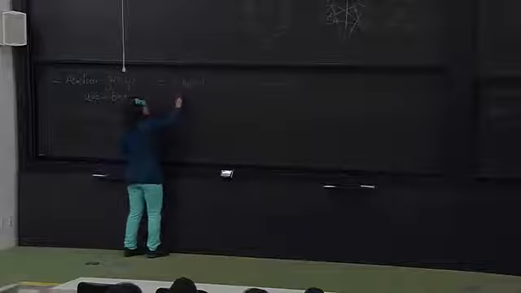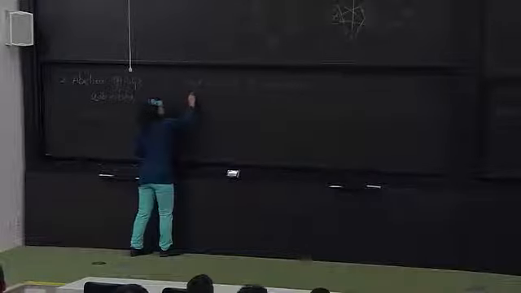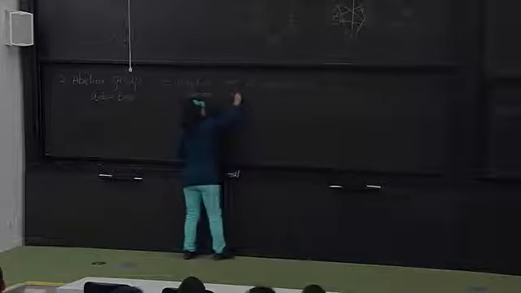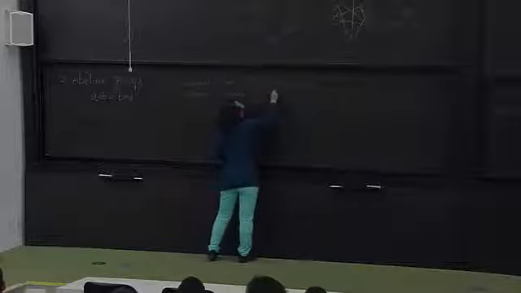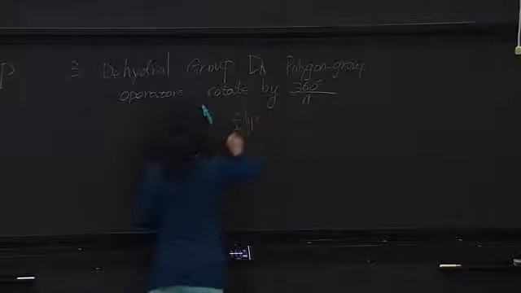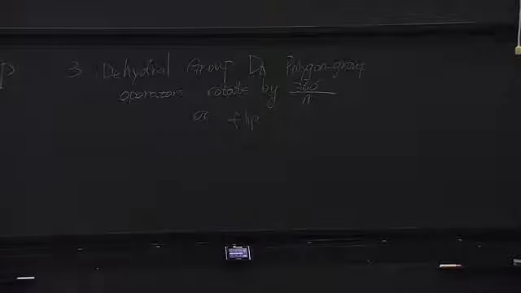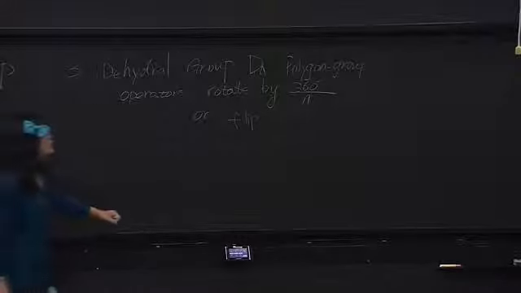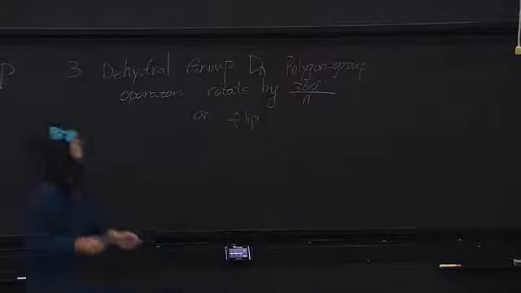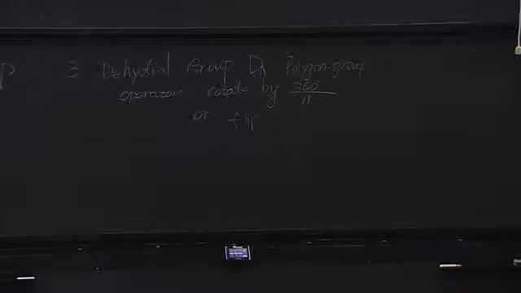The basic generators or operators for the dihedral group are rotate by 360 divided by n degrees, or flip. So there are two kinds of operators. If you have a polygon, you can rotate, and you can also flip, like a mirror symmetry.